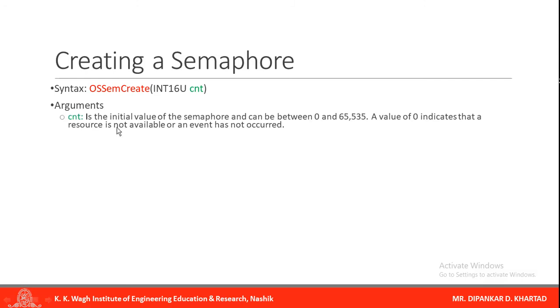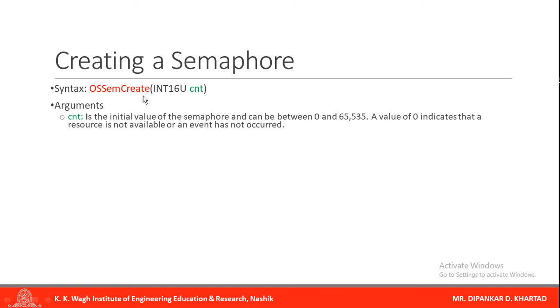C and D is the initial value of the semaphore and can be between 0 and 65535. A value 0 indicates that the resource is not available, or an event has not occurred. If the value is 1, then there is one shared resource, that is a binary semaphore. Likewise, you can give 2, 3, 4 for particular shared resources.